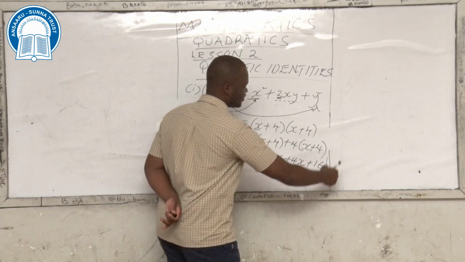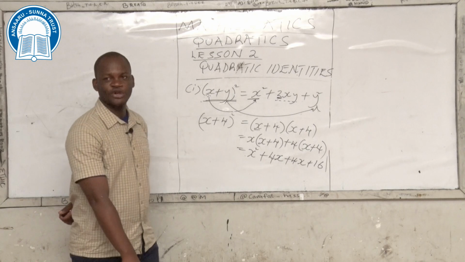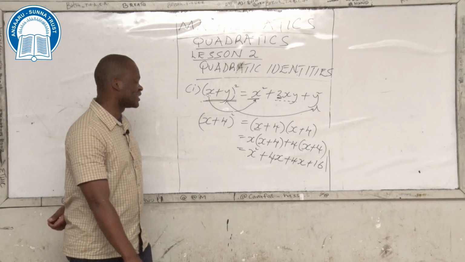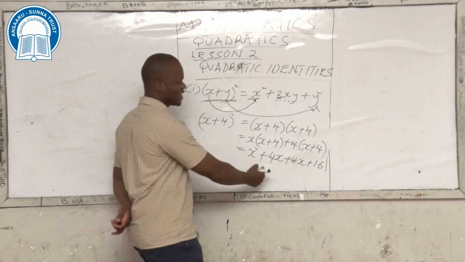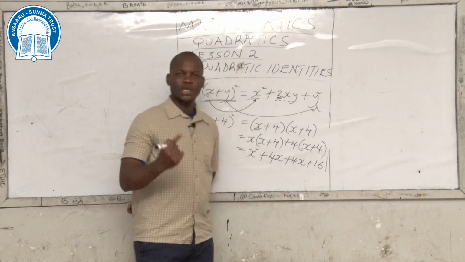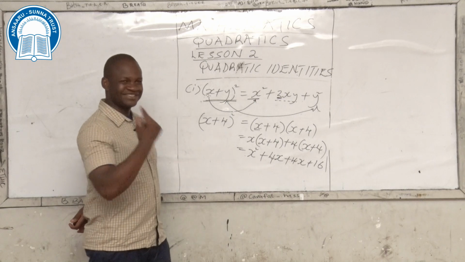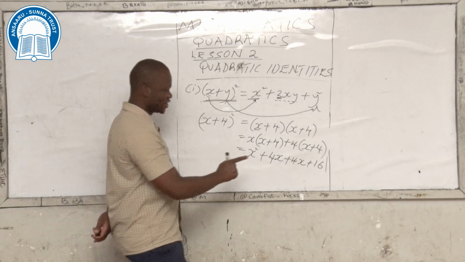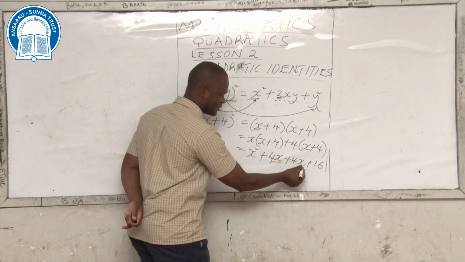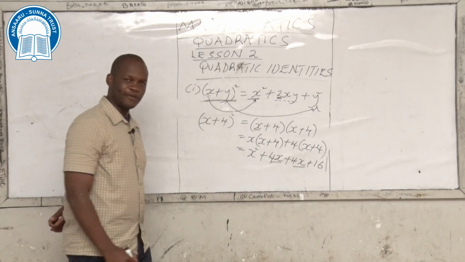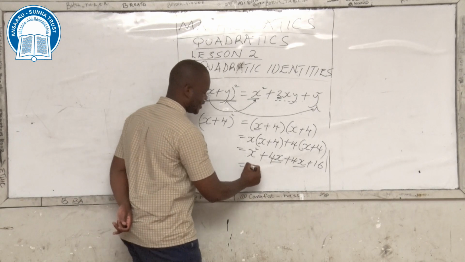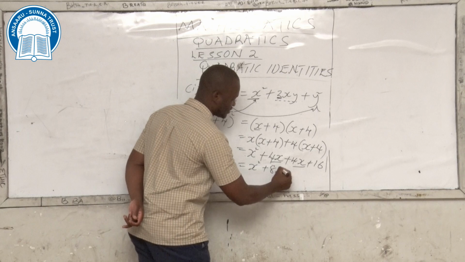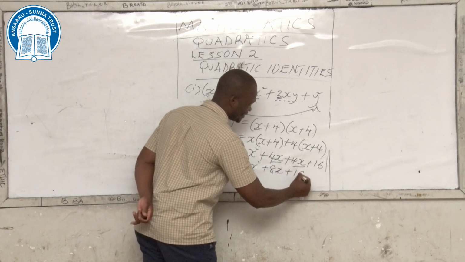Now, at this level, to complete your expansion, you put like terms together. We have insisted like terms means what? Terms having the same letter composition raised to the same power. So we have like terms in the name of 4x and 4x. Now, our eventual answer becomes what? 8x plus 16.